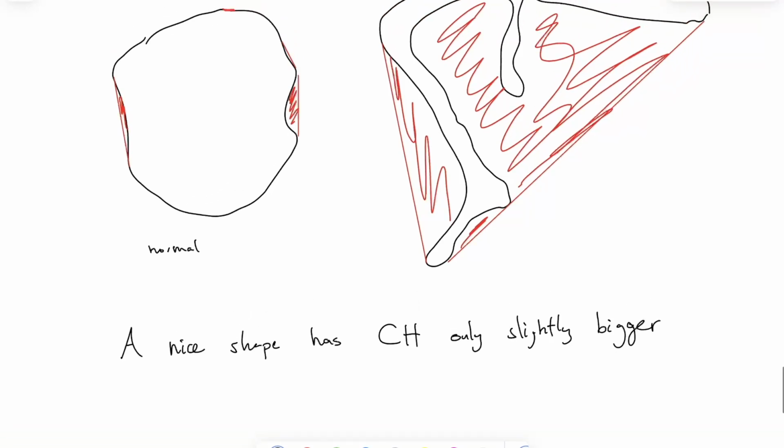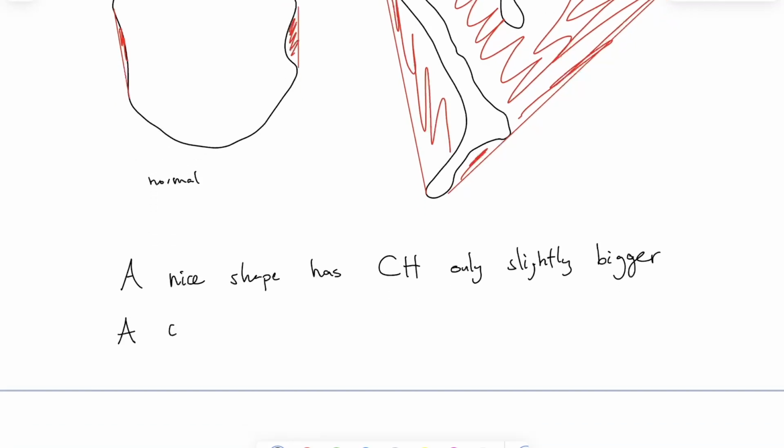It's fairly normal, and what I mean by the vibes of normal, technically speaking, is that the wiggles are not so big. And if you want to fill in all the wiggles, it only takes a little bit of filler. Versus this crazy one over here, you have to fill in a lot. So a crazy shape has a convex hull much bigger. And this is how we can use the convex hull to measure how crazy a shape is. All right?